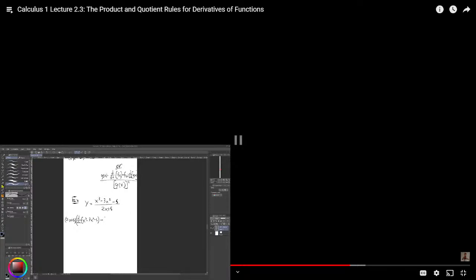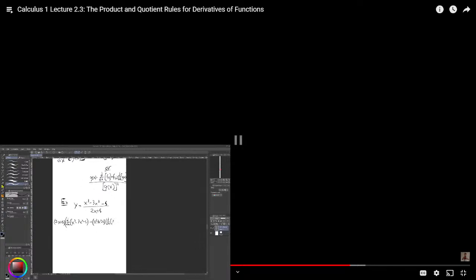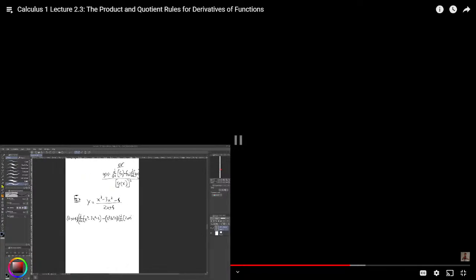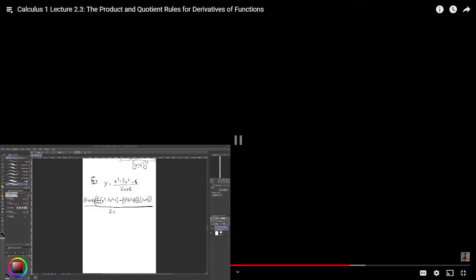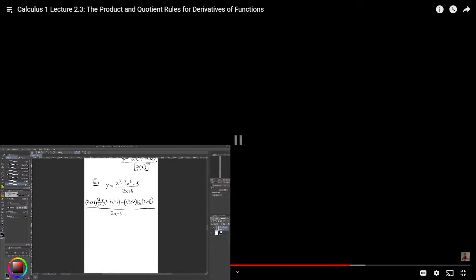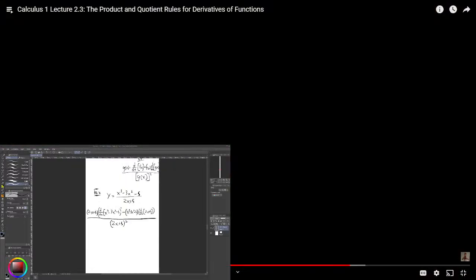And then minus high: x cubed minus 3x squared minus 5. D low. Okay, whoops, it's a bracket. Square the bottom.